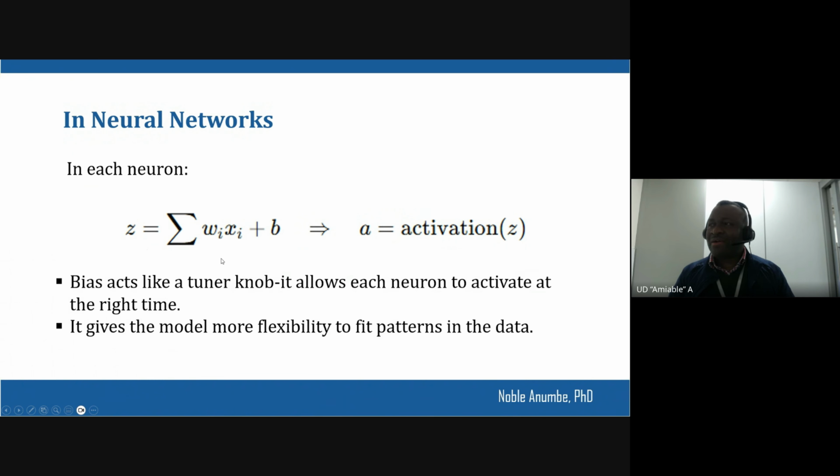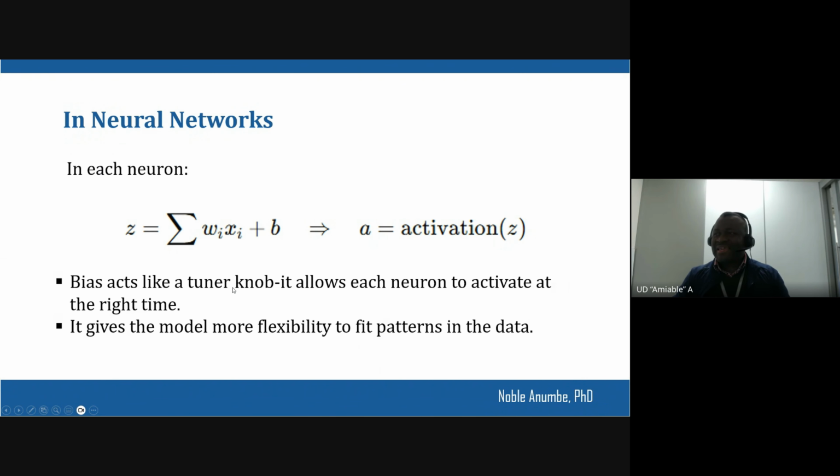So if it's like 1,000 of them, i will be equal to 1 to 1,000. So what this is just doing is adding w1 x1 plus w2 x2 plus w3 x3 plus and so on, up to 1,000. All of that, we are just saying we are summing it up, where our i is from 1 to 1,000 or whatever. So that's what's happening here.